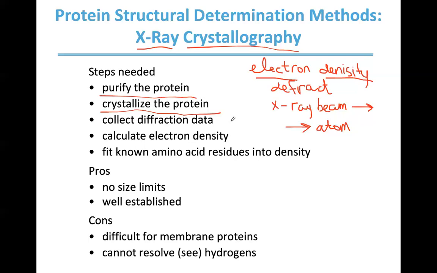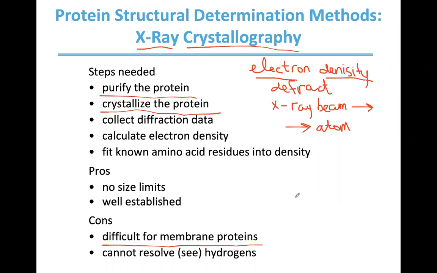And guess what? It's difficult for membrane proteins. What is so difficult for membrane proteins? Why is it so difficult to crystallize a membrane protein? What do they have on the outside? Is it because of the bilayers? Well, they have hydrophobic residues on the outside, right?